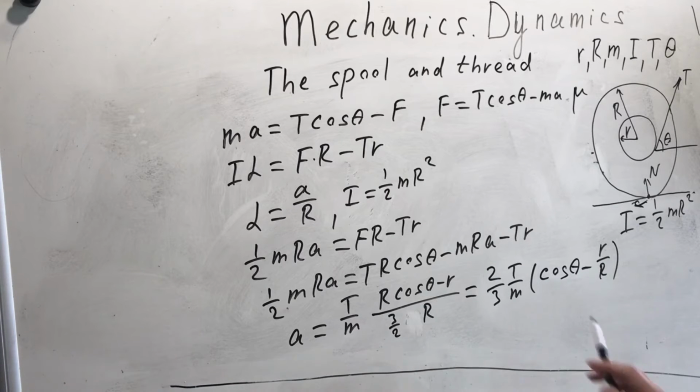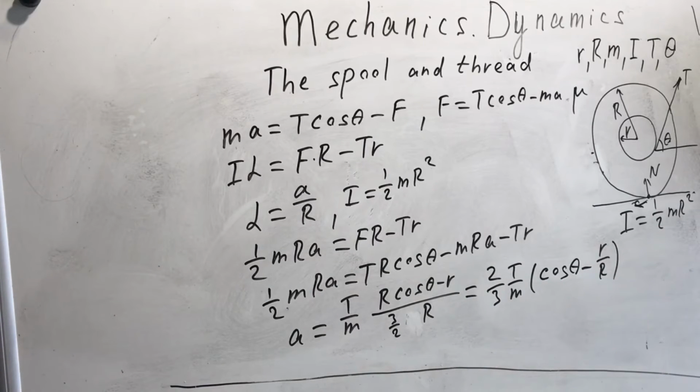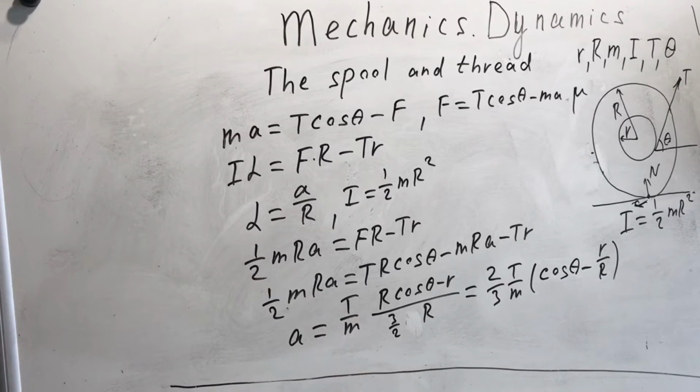And if the angle is big enough, the acceleration is going to the right. And the same thing with the angular acceleration. To find it, we just need to divide this by big R.